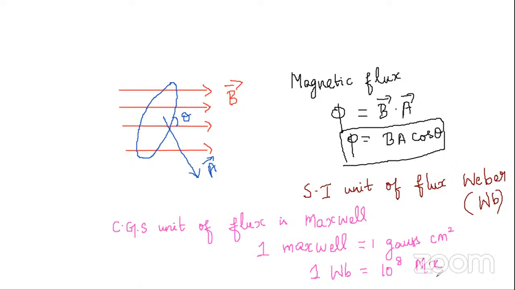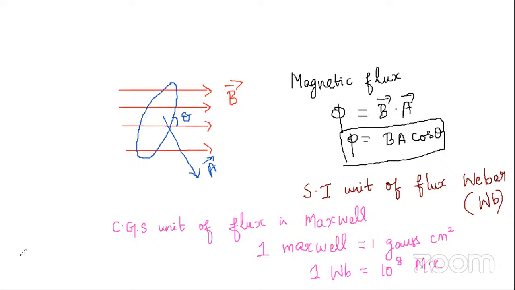And of course, you have the dimension of magnetic flux, which is also important, the dimensional formula. The dimensional formula is important for a physical quantity, and you all might have learned about it in your 11th grade.